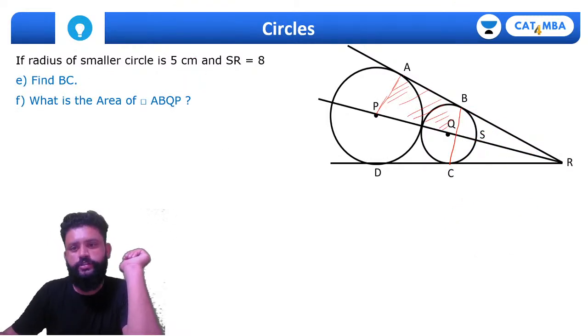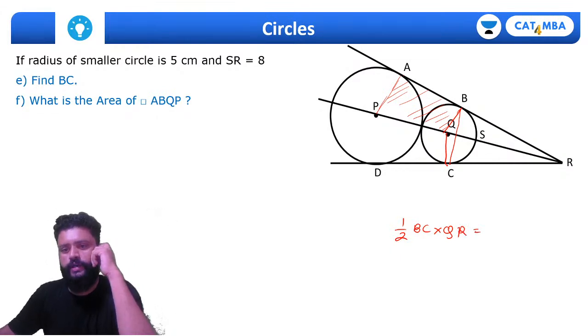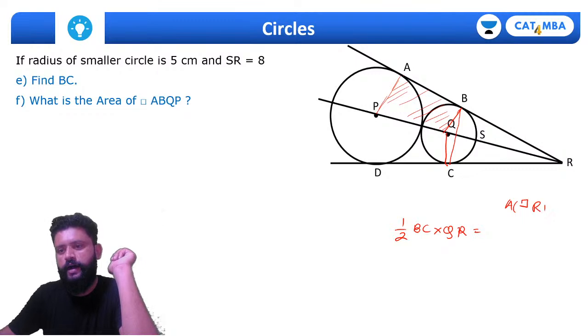After that, last two questions, if we want BC, what do we have to do? Again this is the kite, so half into the diagonals BC into QR must be equal to the area of quadrilateral RBQC.